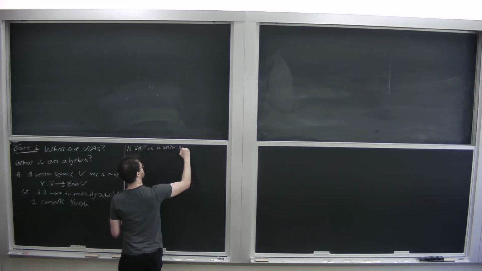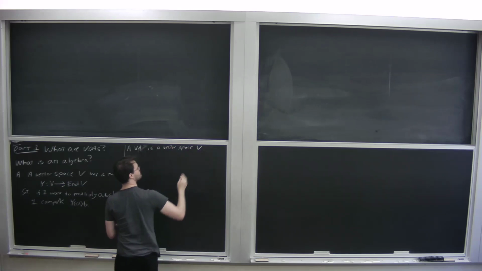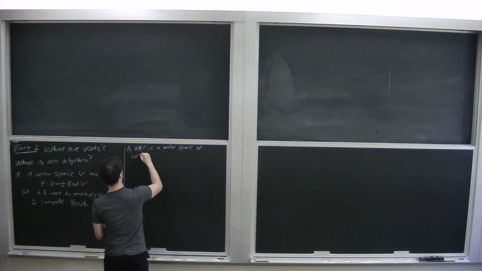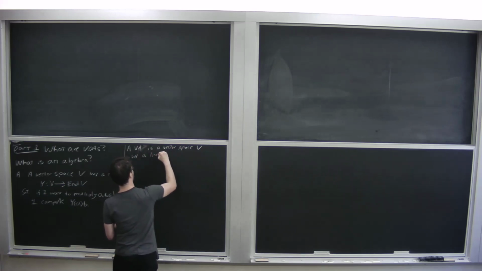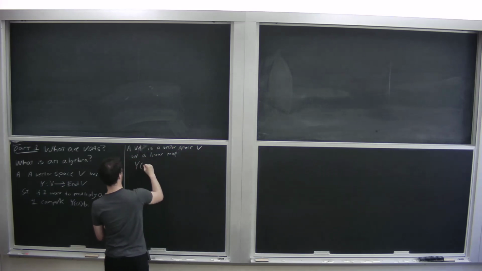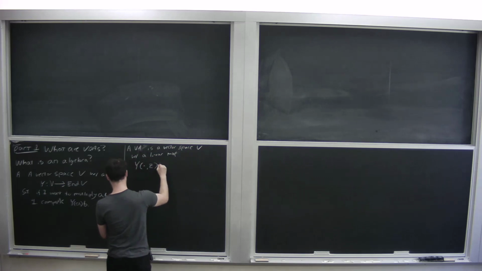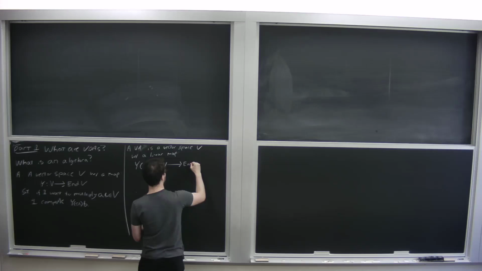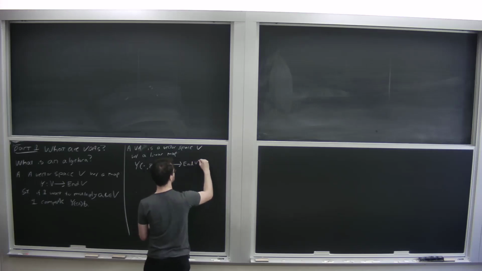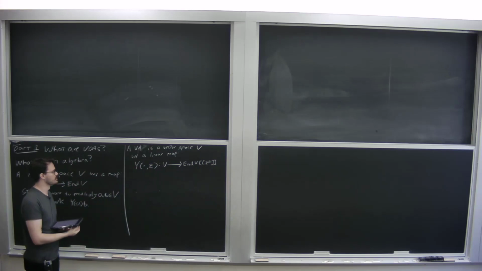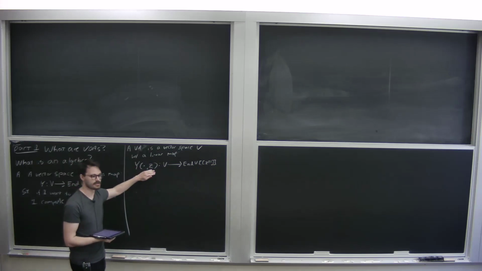But let's just say for now, a vertex algebra is a vector space, typically infinite dimensional, but not necessarily, with a linear map, which again we call Y, which goes from our vector space, but this time not into endomorphisms of V, but rather power series valued in endomorphisms of V. For the purposes of what I'm talking about today, you should imagine this is just a formal variable z.